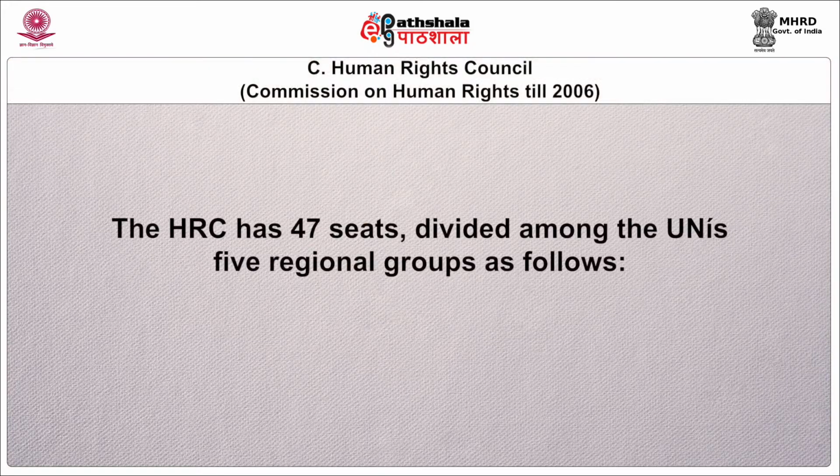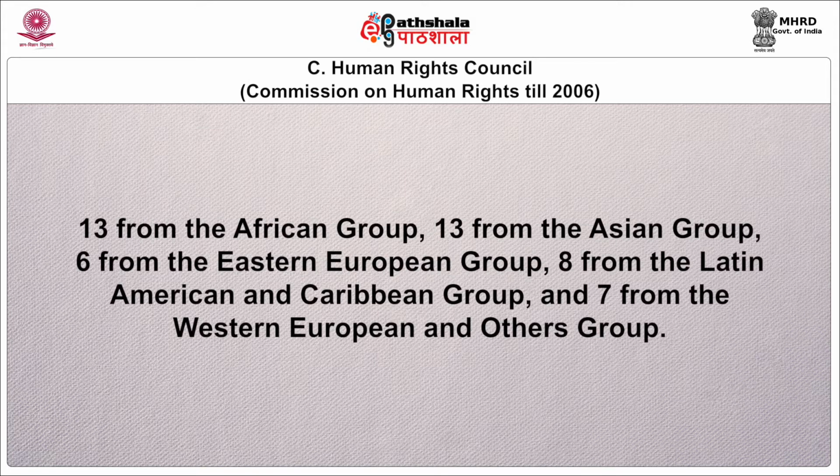The HRC has 47 seats divided among the UN's 5 regional groups as follows: 13 from the African countries, 13 from the Asian countries, 6 from Eastern European groups, 8 from Latin America and Caribbean group, and 7 from the Western European and other groups.